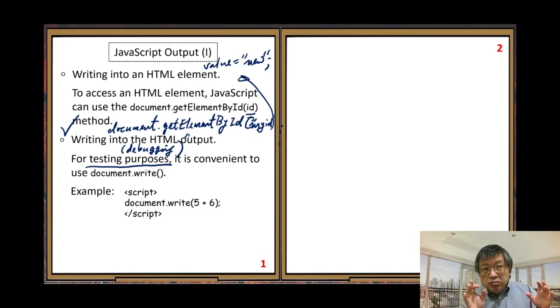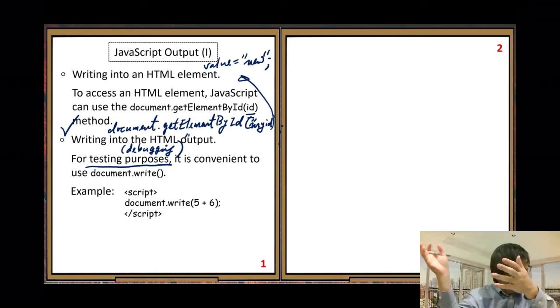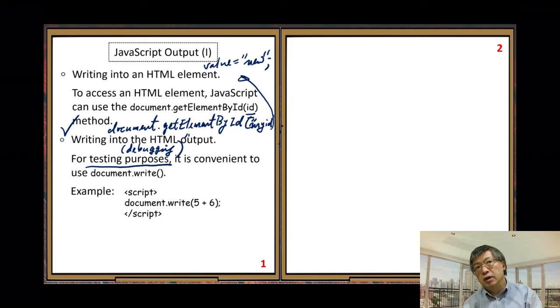Sometimes in your JavaScript functions, you may like to know the values of some variables before you use them later, because when you use those variables later, you realize the values could be wrong. So at some special places, you want to view them.